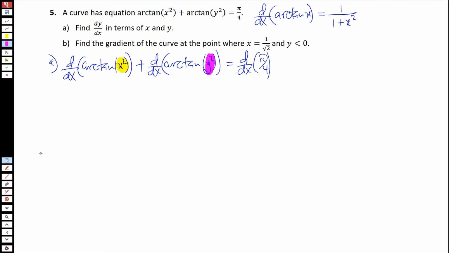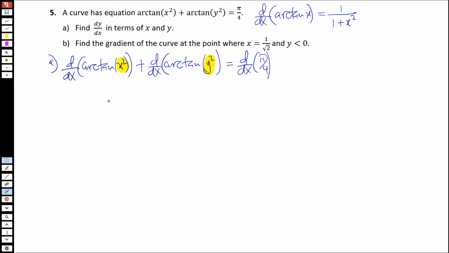So what you're going to do is to basically apply the chain rule to be able to differentiate arctan x squared and arctan y squared.